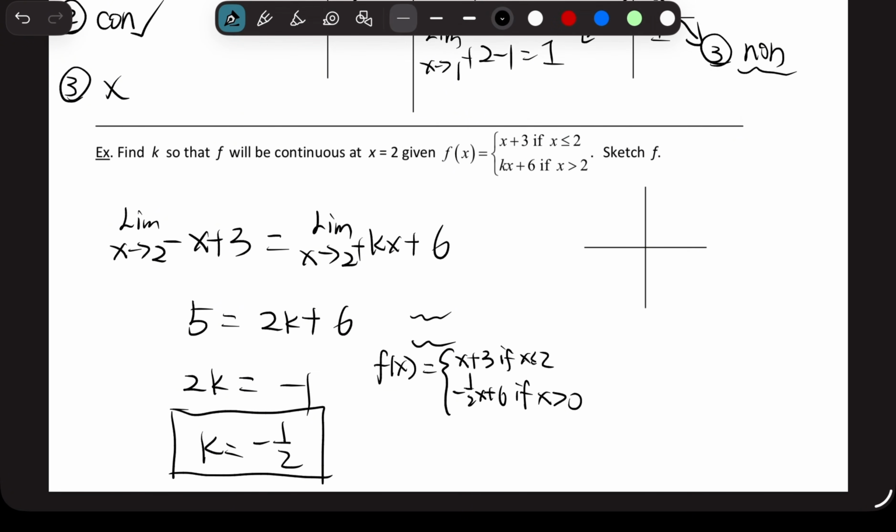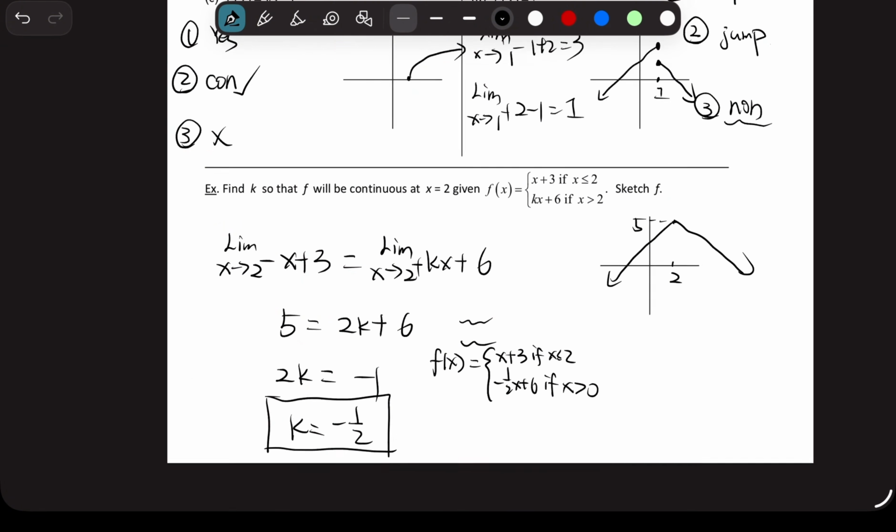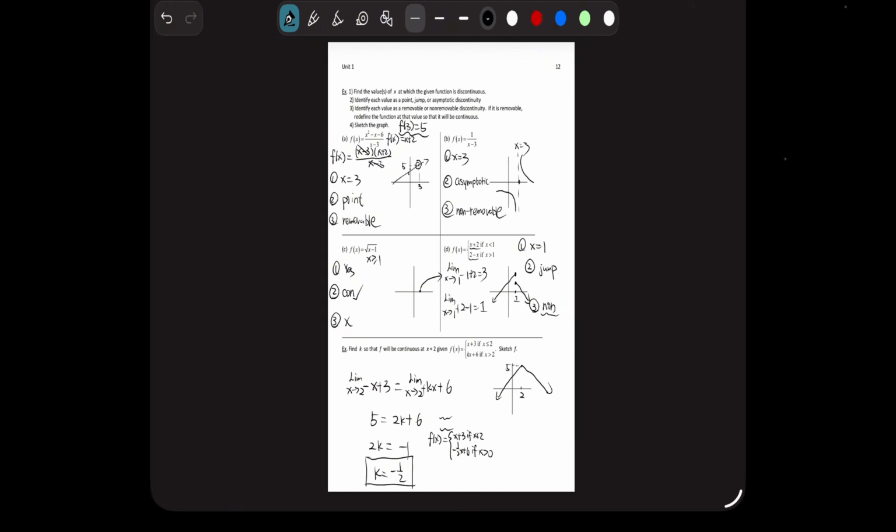The function will look like there's not a breakpoint. Since it's continuous, at x equals 2 they have the same value, which equals 5. From the left it is increasing like this. From the right it is decreasing like this. Let's move on.